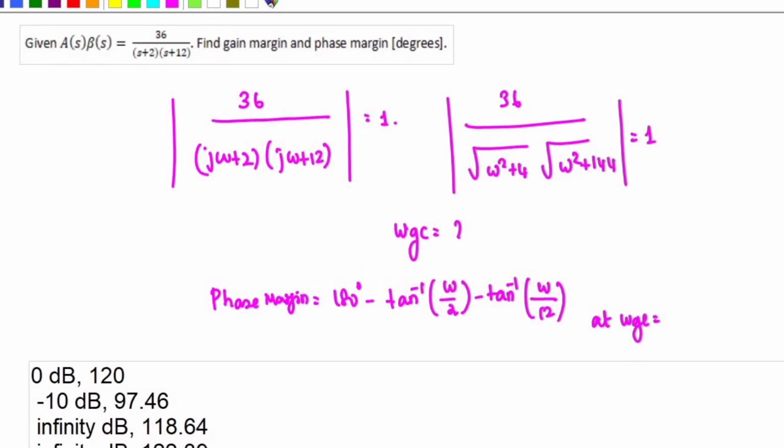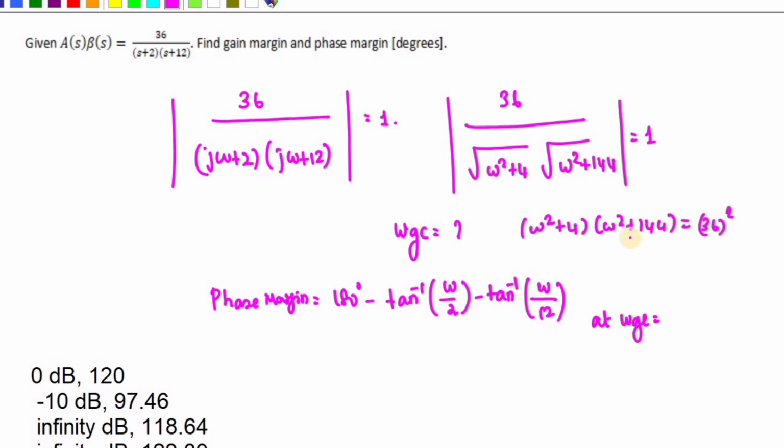So from this I can write root of omega square plus 4, root of omega square plus 144 is equal to 36, right? On taking the square of this value, I will get 36 square.